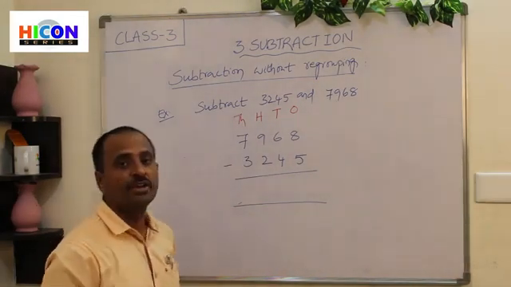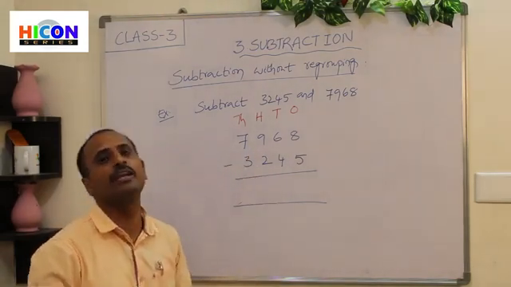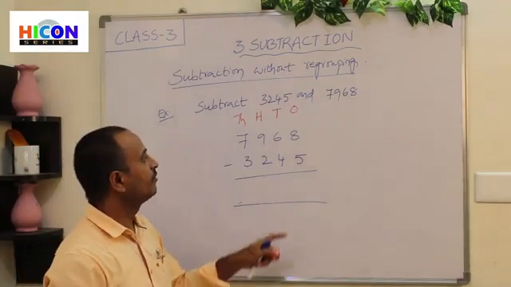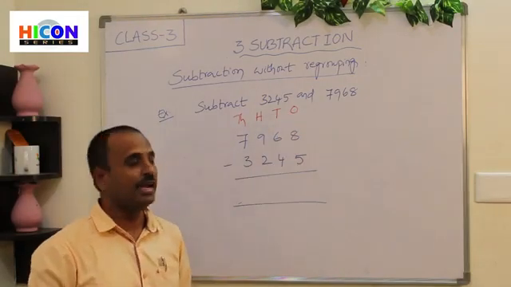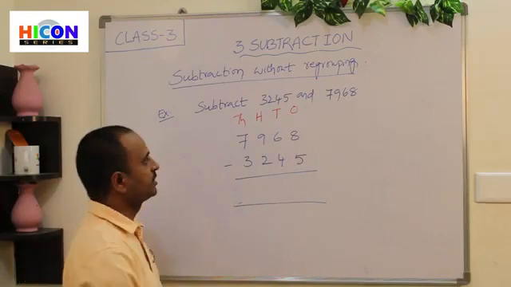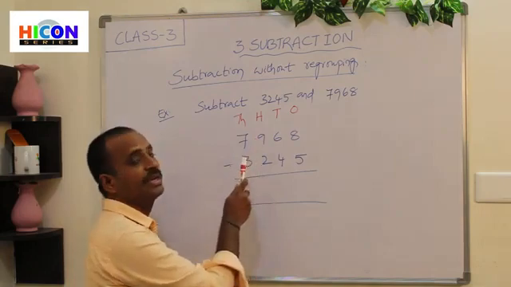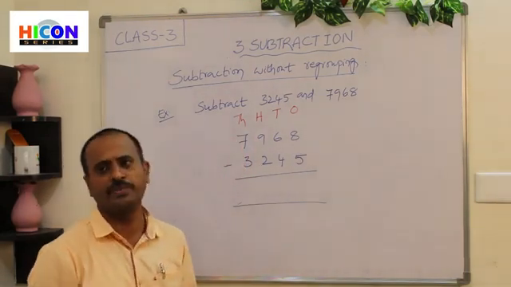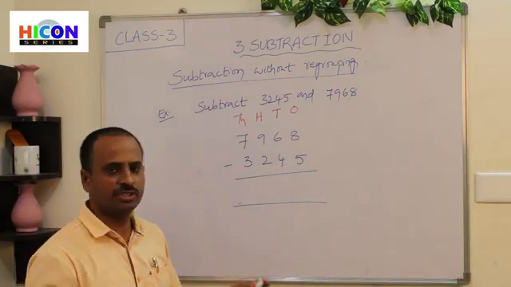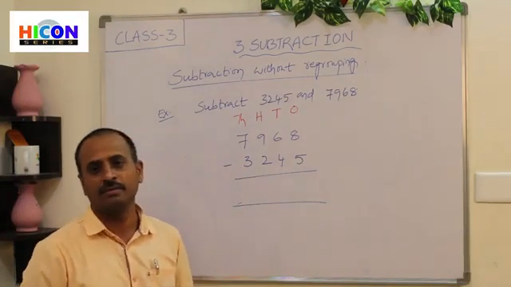The ones digits should be written under ones place, the tens digits under tens place, the hundreds digits under hundreds place, and the thousands digits under thousands place.